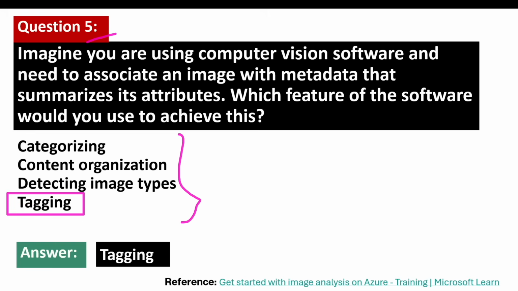So, what is tagging? Tagging is the process of associating an image, video, or piece of content with metadata that summarizes its attributes. This metadata, often referred to as tags, can include keywords, descriptions, categories, or any other relevant information. These tags help in organizing, searching, and retrieving content efficiently.